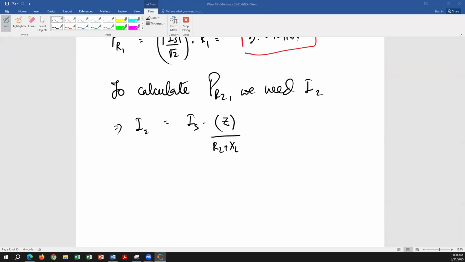So I2 is equal to Is times Z divided by R2 plus XL, which is 16.746 minus j32.919.